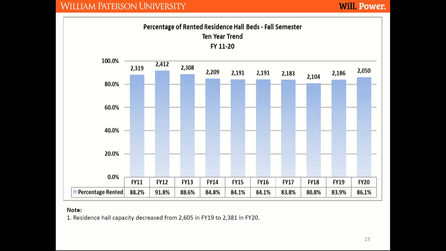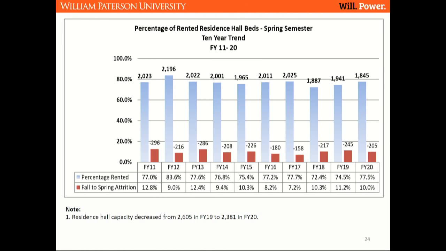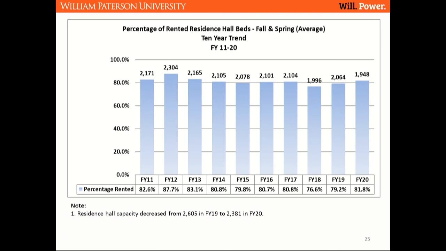There's always attrition between fall and spring, and this is the average. And as you can see, we're not filling the residence halls to capacity, and that's lost revenue to the university as well, not just in the beds, residence life, but also related to that is food service and other activities on campus too.